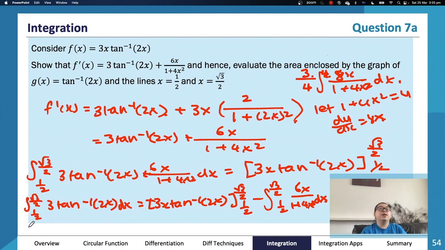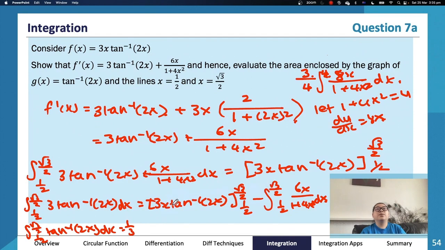So we can substitute that across and divide by 3 at the very, very end. So root 3 over 2, a half, tan inverse 2x dx is going to be equivalent to 1/3 of whatever this is. So we can also start substituting this in.